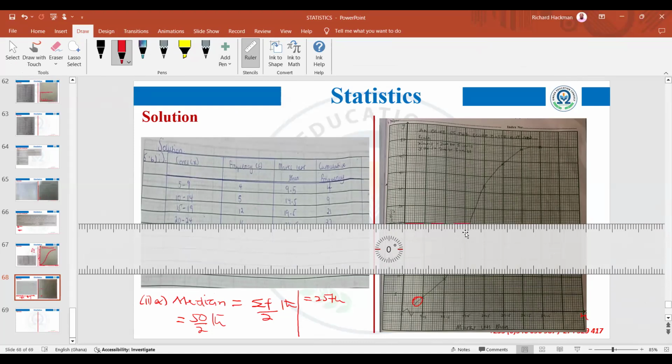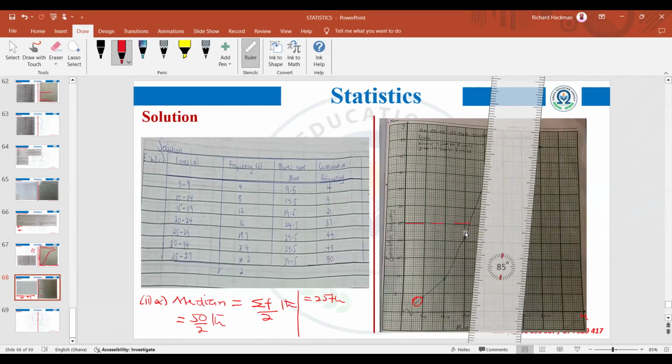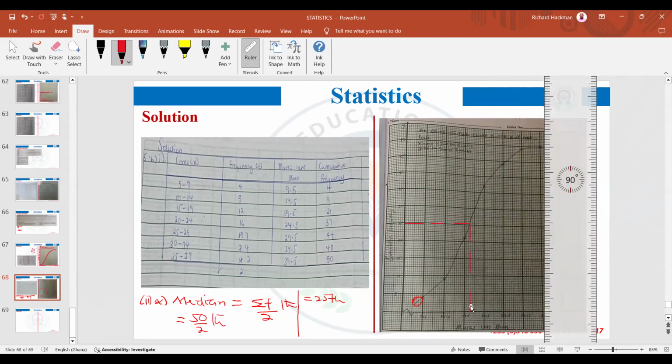So you can see, I'm done there. Then I come and trace down, because that's where my final reading will be. My professors, I hope you are following. Yes, please. So you can see my lines. Then for the value you see here, you should know the value of each small box. I think mine is on the 3rd small box.